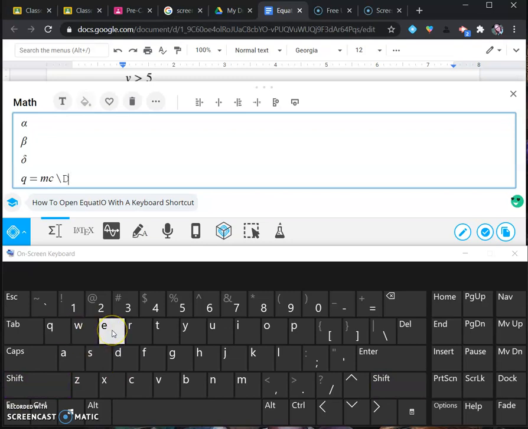So instead of small d, use a big D, and then as soon as you hit spacebar, there's your capital delta, delta T. So that's handy. The capital delta is one that you'll use a lot.